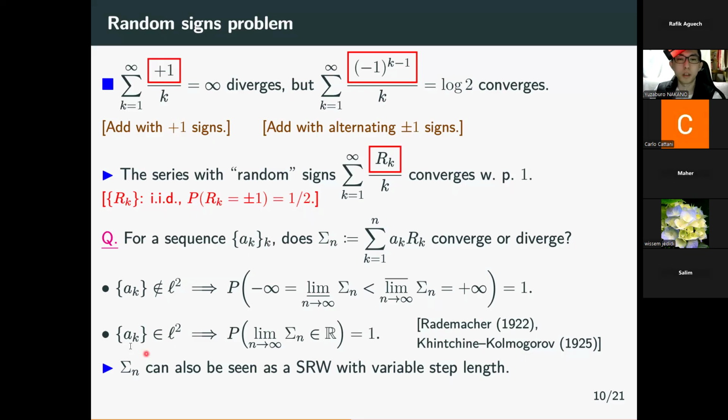On the other hand, if Ak is square summable, then sigma n converges to a real number with probability 1. This result goes back to Rademacher and Khinchin-Kolmogorov.